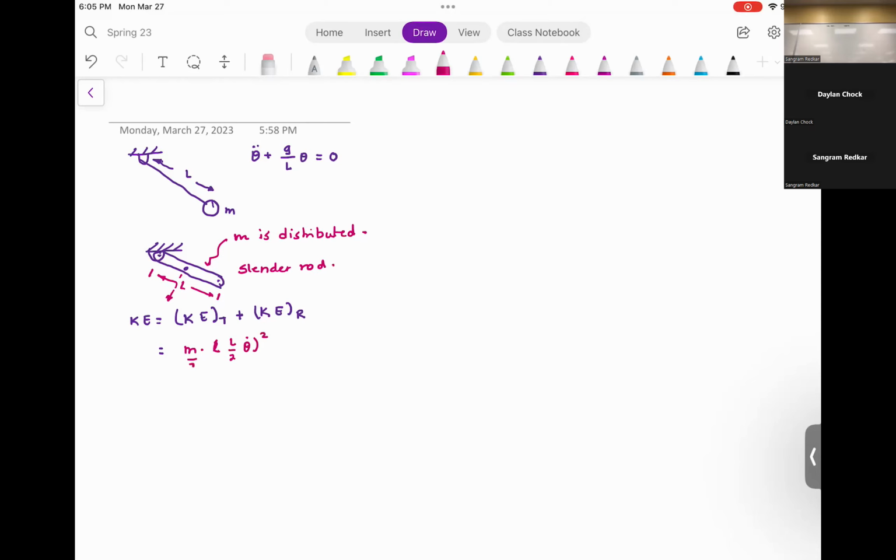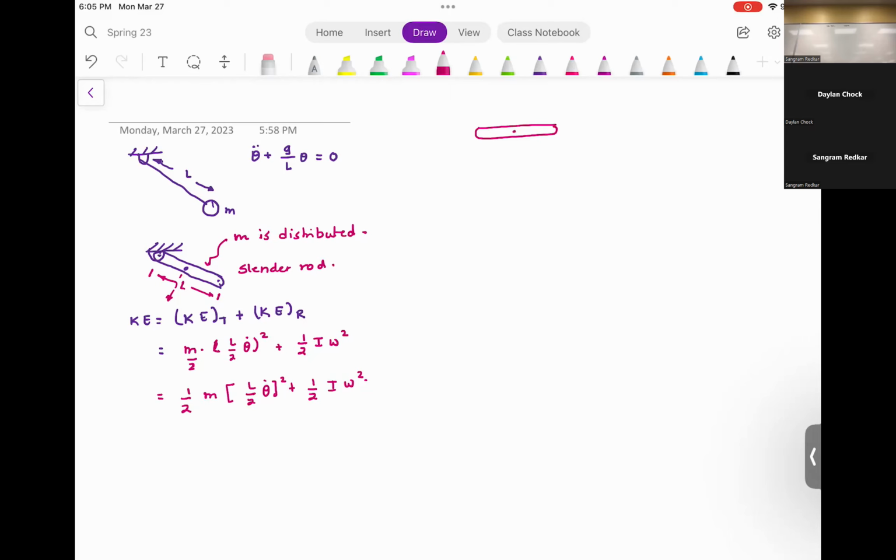So basically 1/2 m v square plus 1/2 I omega square, and this equation is going to be 1/2 m (L by 2 theta dot) square plus 1/2 I omega square. Now I is called the mass moment of inertia.